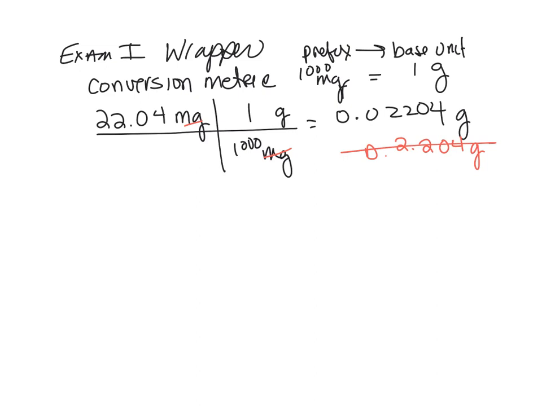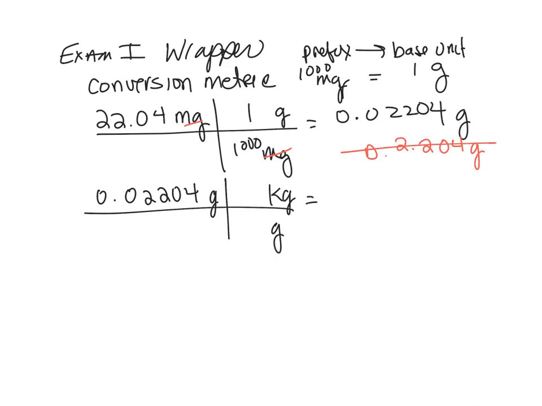And then you can convert the grams to the different prefixes. The first one you can go, okay, let's convert this to kilograms. So grams and kilograms. There's 1,000 grams in 1 kilogram.